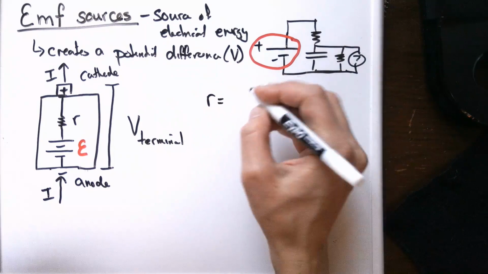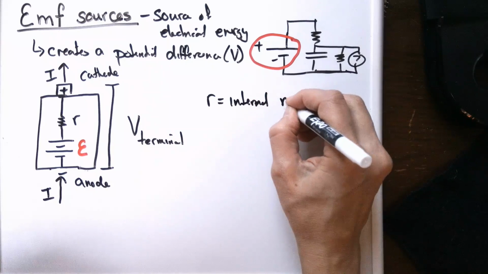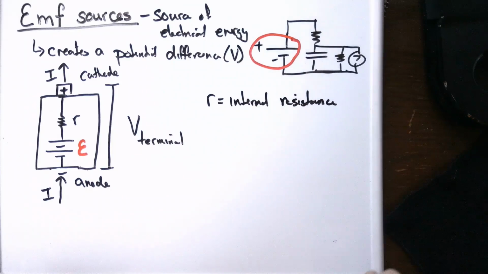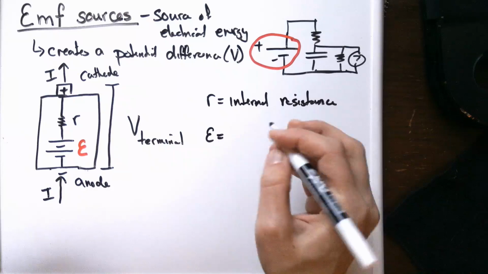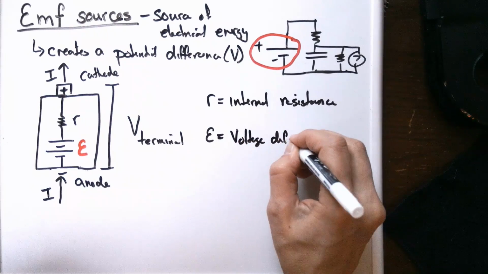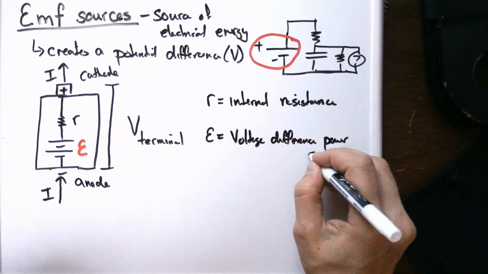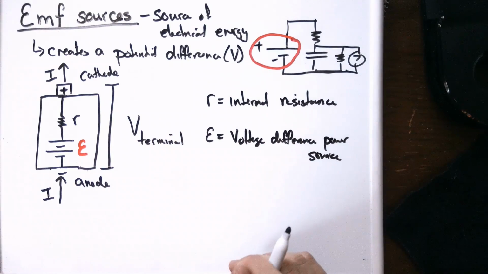So little r is the internal resistance, which is just something every battery or generator or EMF source has, and E is the actual voltage difference of the power source, the thing which is making the battery actually go.